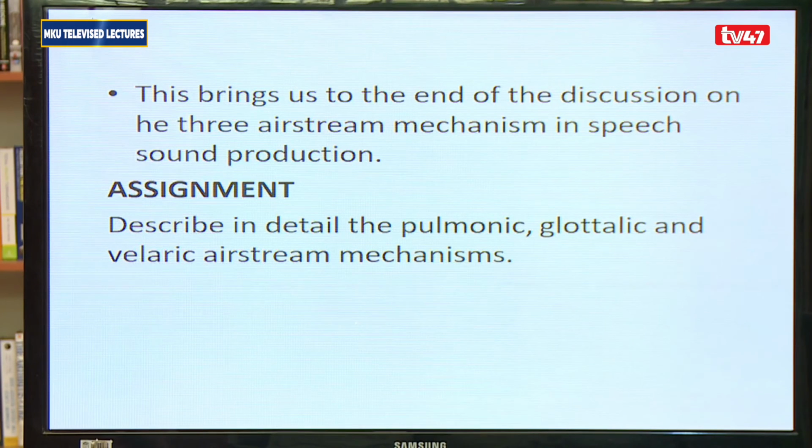And at the beginning of this lesson, we said that in order for speech sounds to be produced, in order for speech sounds to be articulated, there must be a sufficient flow of airstream.